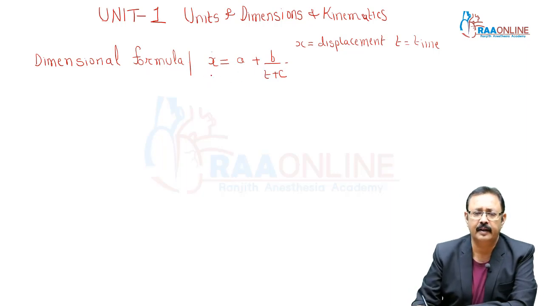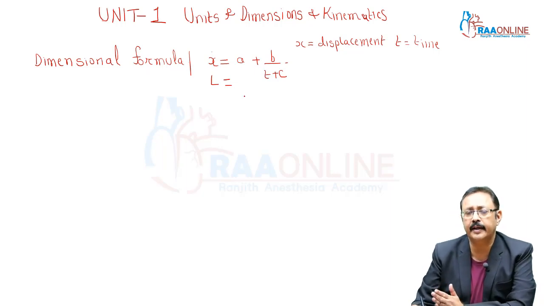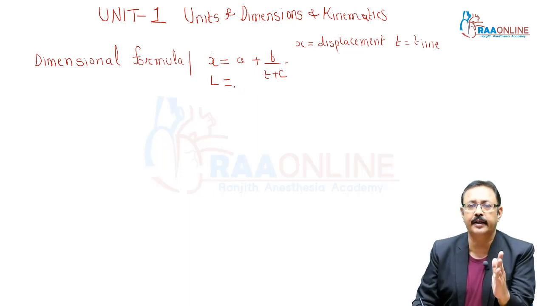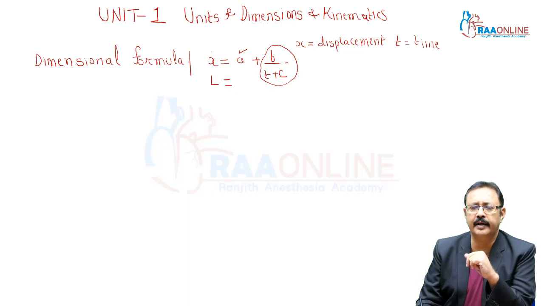I told you that you cannot add 3 kg and 2 meter. You can add only 3 kg and 2 kg. It means these two physical quantities should be the same. With the same concept, if you are adding T and C, they should be the same. So what is T? T is time.